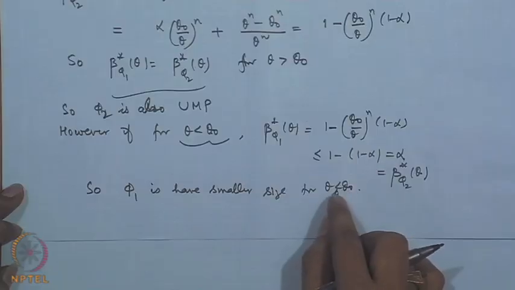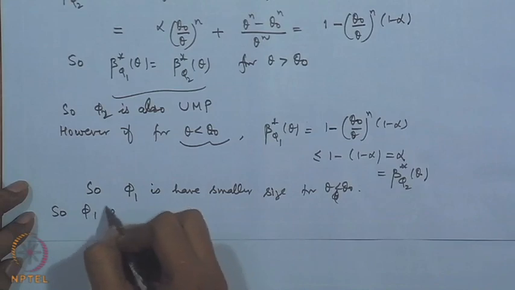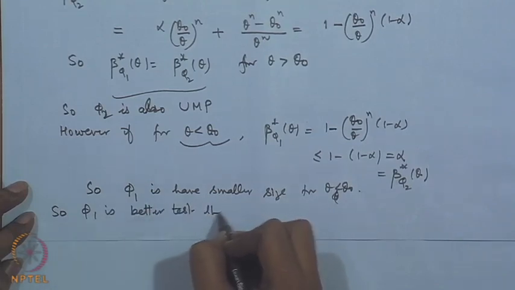I proposed another test phi 2, and I showed that the power function is the same. So, that is also a UMP test. However, now I am showing that the second test has uniformly the size equal to alpha, whereas the first test has it less than or equal to alpha. So, I will consider phi 1 a better test than phi 2.